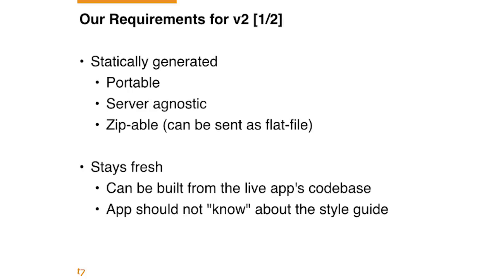We can't have a requirement that it has to run on PHP or be hooked up to a database. In fact, if you can just click on it and run it off the file system, the better, because we never know what kind of client environment we're going to be getting into. So statically generated is definitely a must for us.